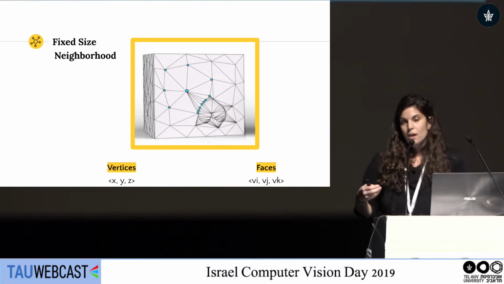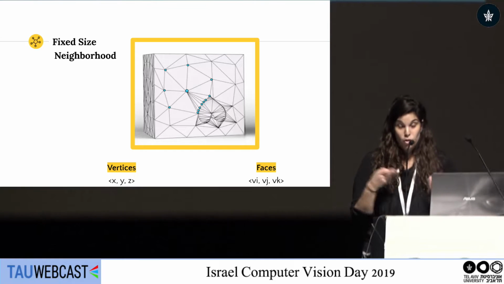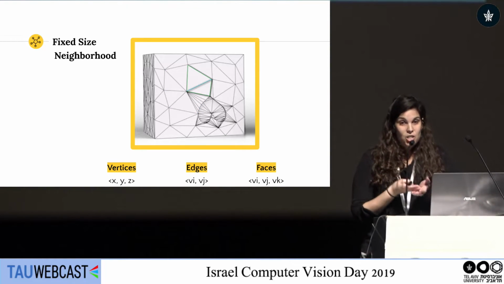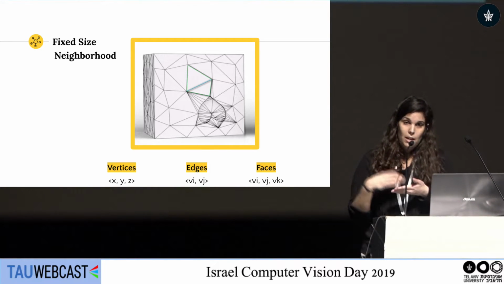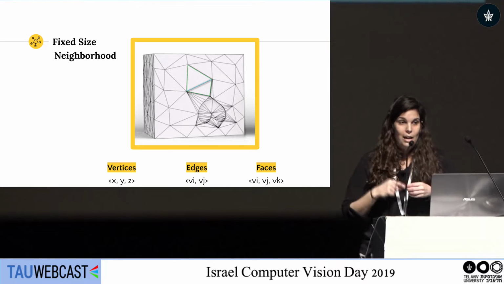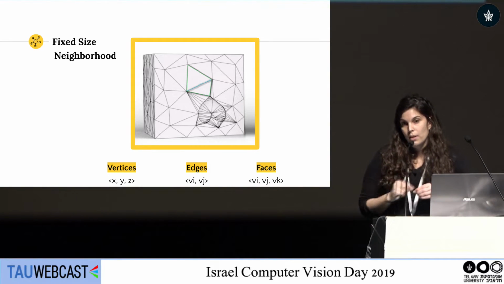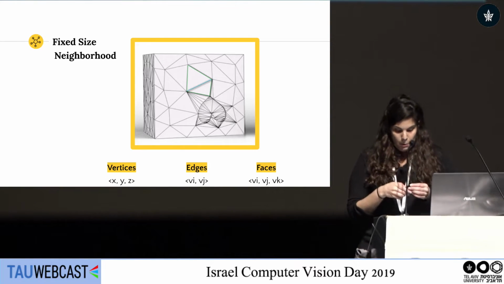When we think of a mesh, we think about a list of vertices and triangles, but we have an edge. Edges have this nice property in triangular meshes where every single edge is adjacent to exactly 2 triangles. So what's called the one-ring neighborhood of every single edge is exactly 4 edges.